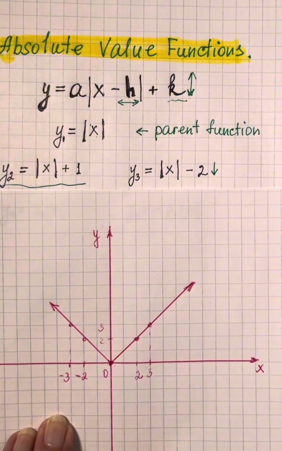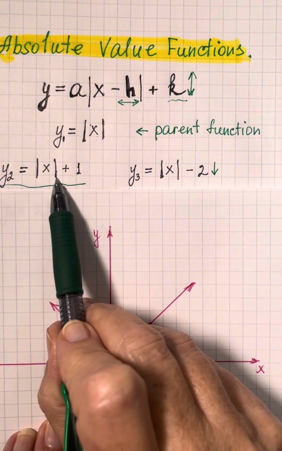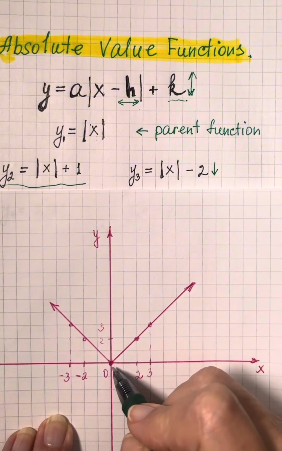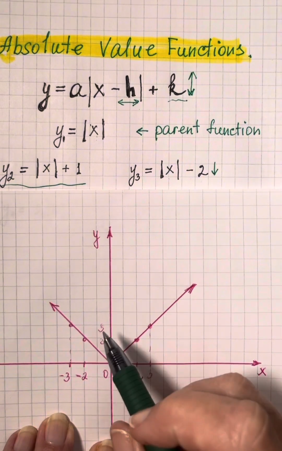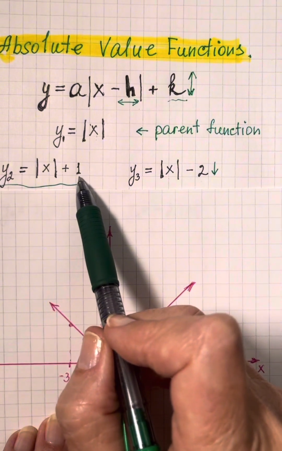I'm going to use that green to graph y2, and it would be absolute value of x plus 1. What does this mean? Compared with the parent function, each point will be shifted 1 unit up.